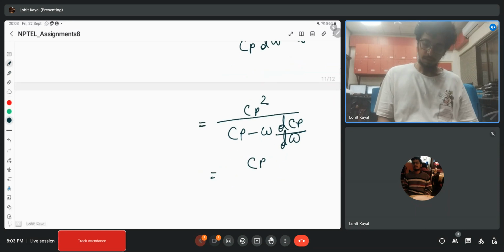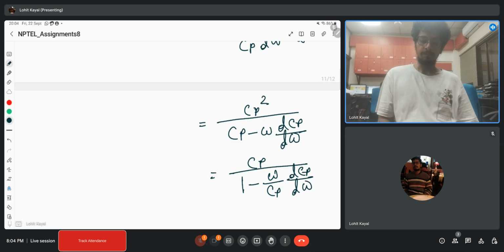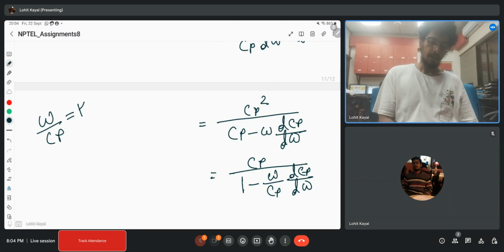Now I can also again divide both the numerator and denominator by Cp. Then I will get Cp divided by (1 minus omega by Cp into dCp by d omega). And omega by Cp is equal to k.